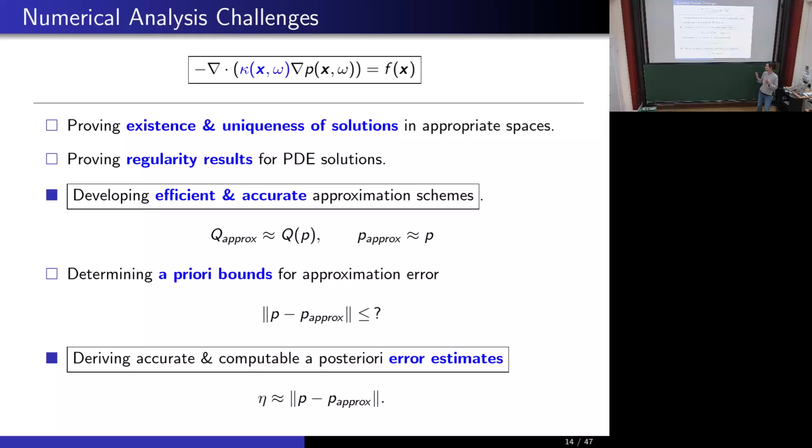Often we work with methods that are not state-of-the-art, but if we have some information that tells us how accurate our solution is, that helps us. So there's lots of work to do for numerical analysts at every single bullet point here. Some people work more on this; I work more on this, I would say. In my sessions, you're going to hear about numerical schemes, and tomorrow we're going to hear a bit about a posteriori error analysis.